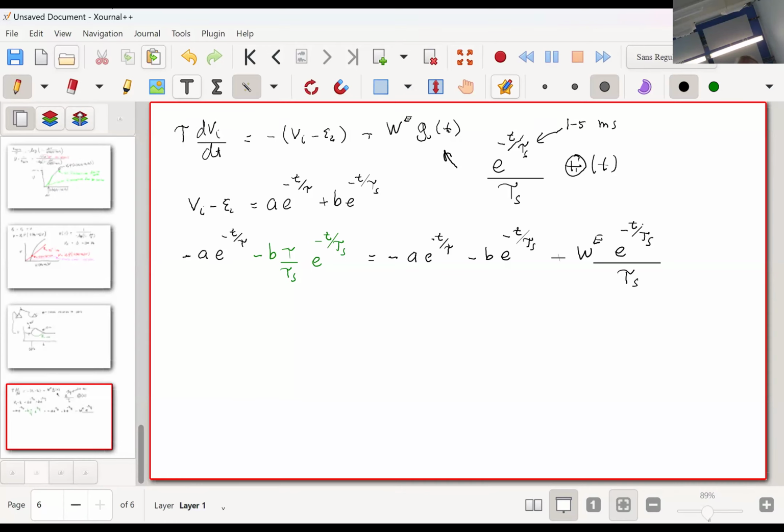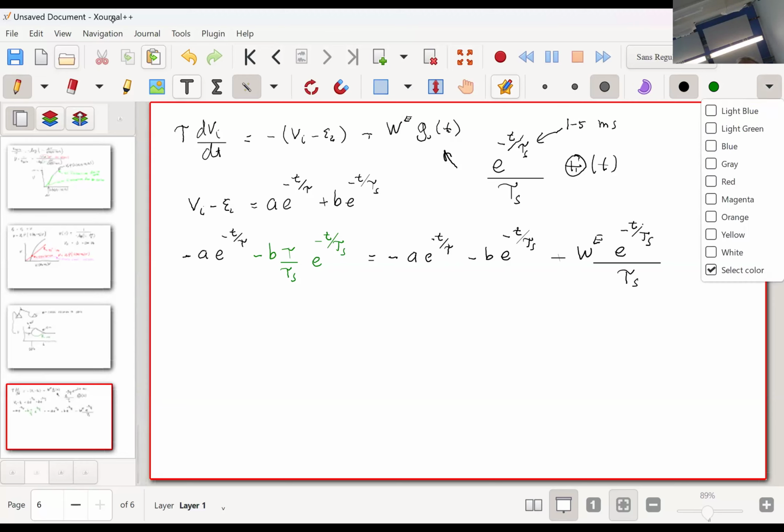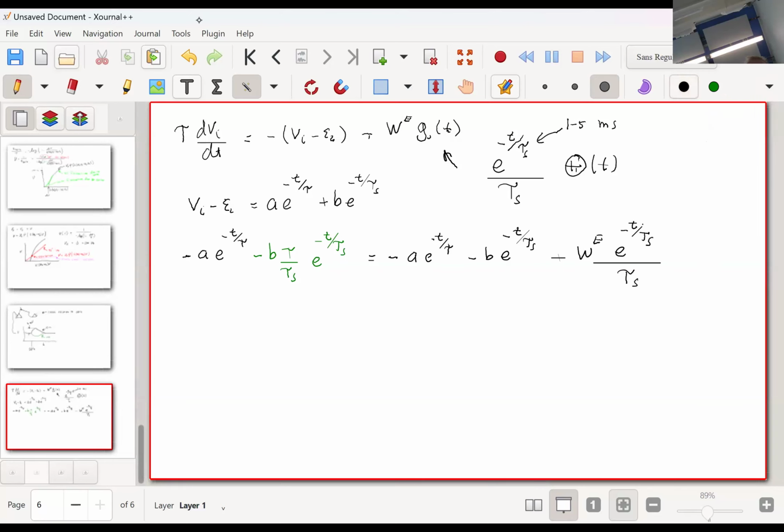Okay, shoots. This was supposed to be in green. Okay, think of these as green. And so what we have is, first of all, this term cancels. Those terms are the same.